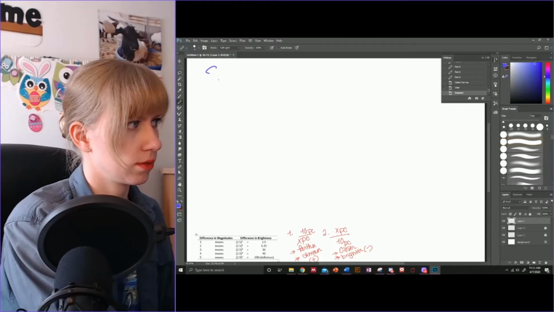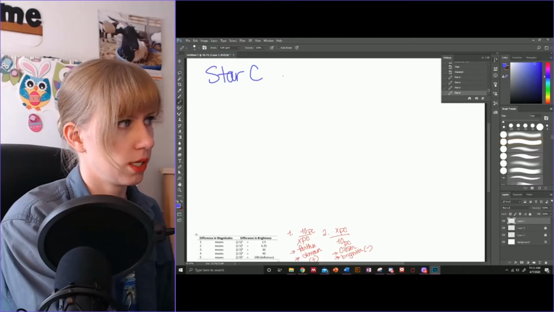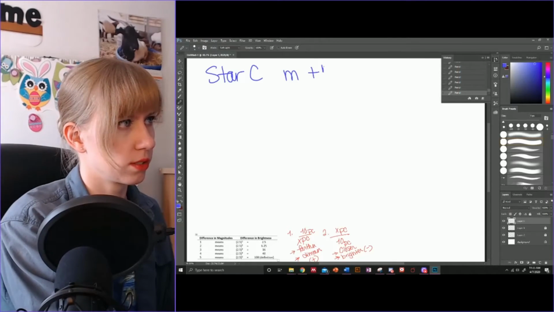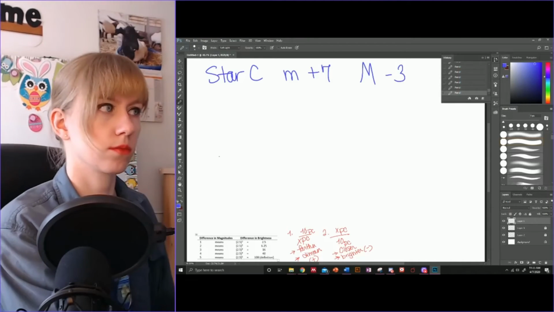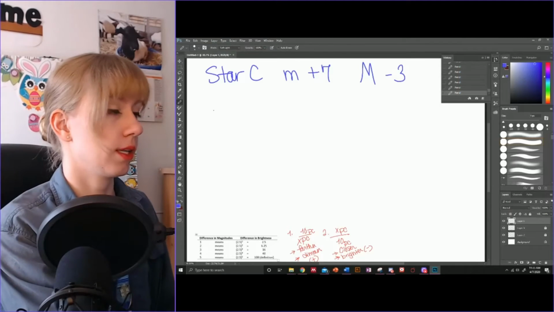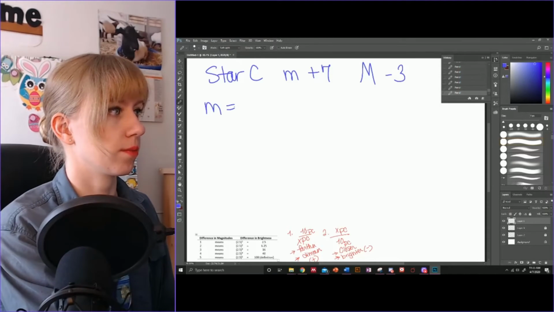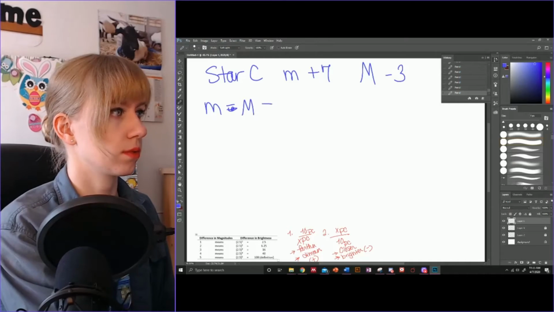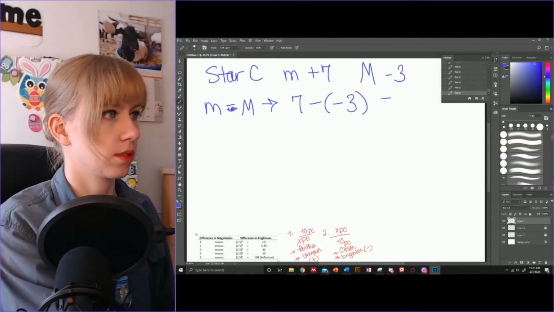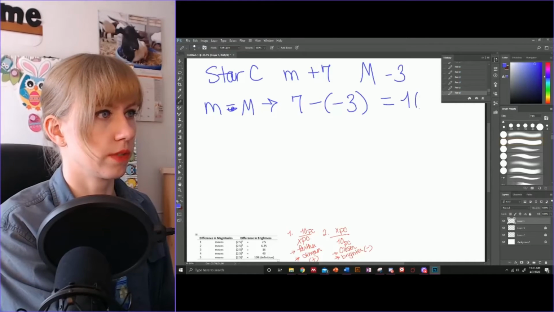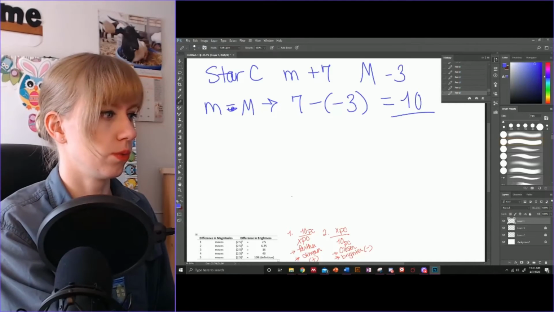Star C has an apparent magnitude of +7 and an absolute magnitude of -3. Let's figure it out. Apparent minus absolute is going to give us 7 minus -3, which is going to give us 10. Ooh, interesting.